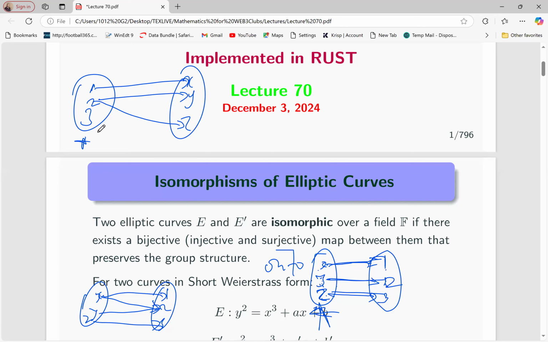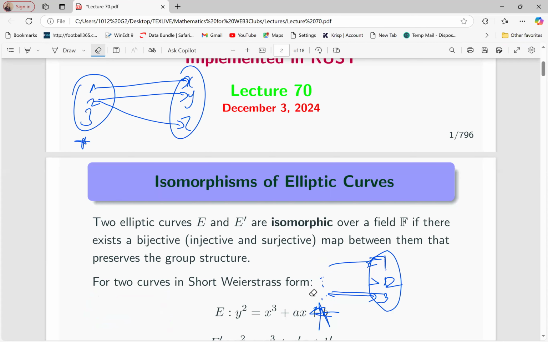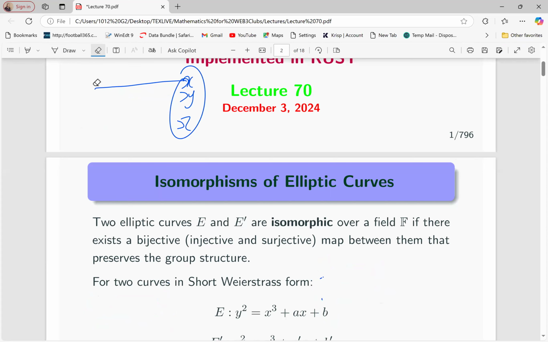Therefore, we say that two elliptic curves are isomorphic if there is a one-to-one mapping and there is an onto mapping, a surjective mapping. That every element of the elliptic curve E can be mapped to another element of E prime.